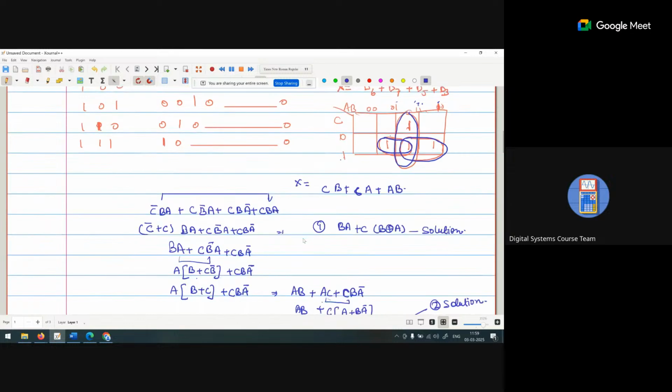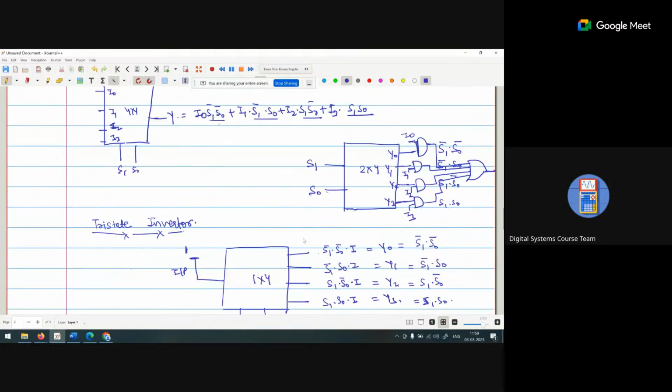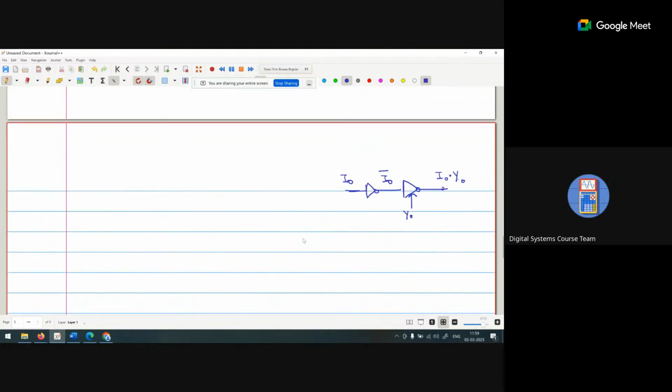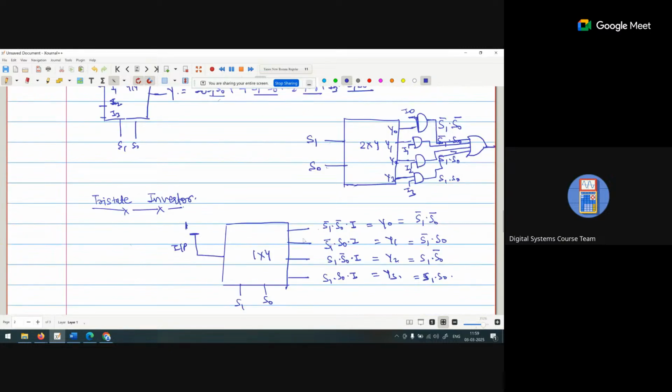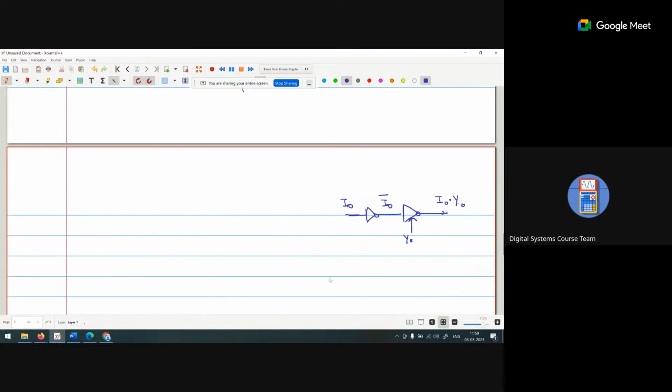That's why we are taking a tri-state: we don't need any gates. For example, we would require one AND gate and one OR gate. In place of one AND and one OR gate, we are using one inverter and one tri-state inverter.